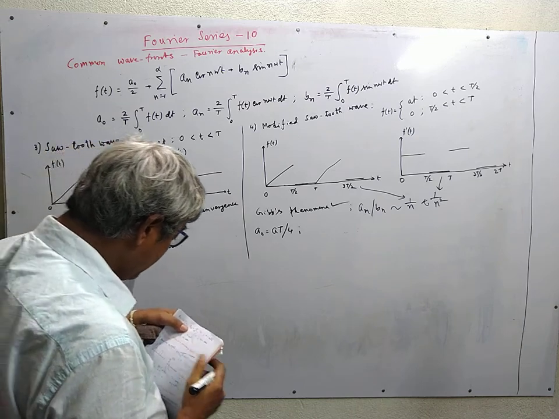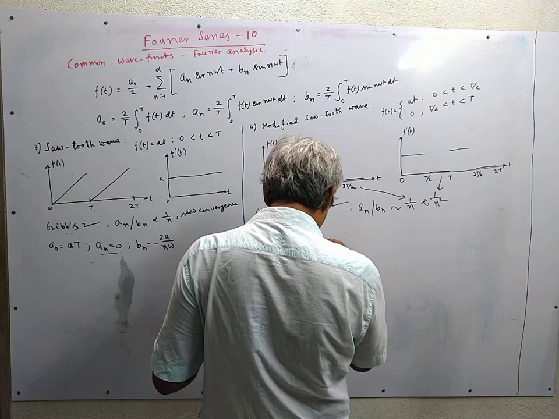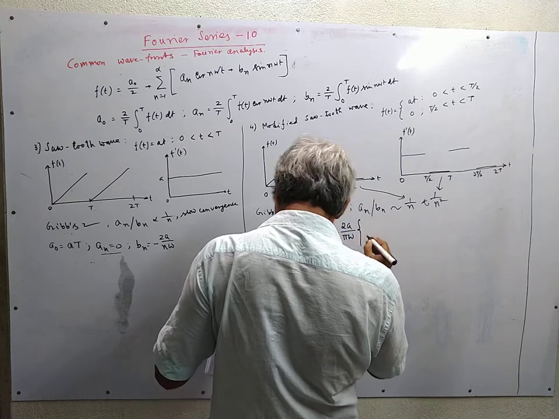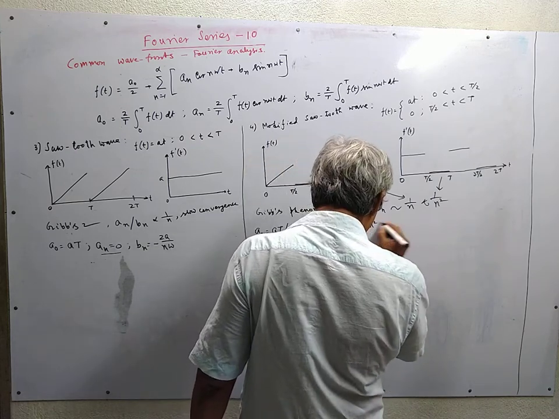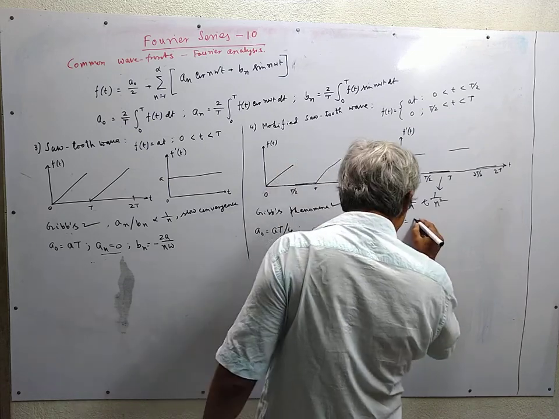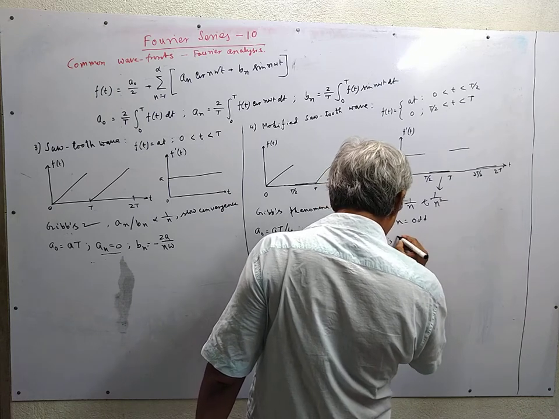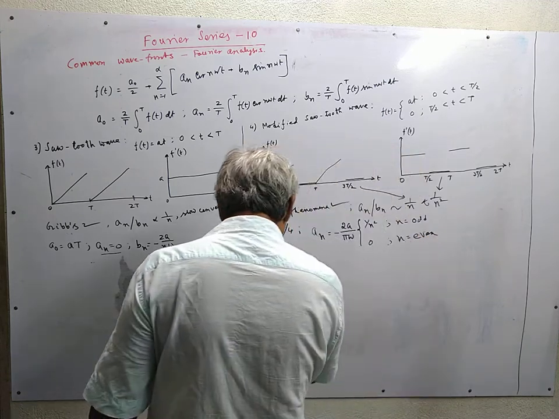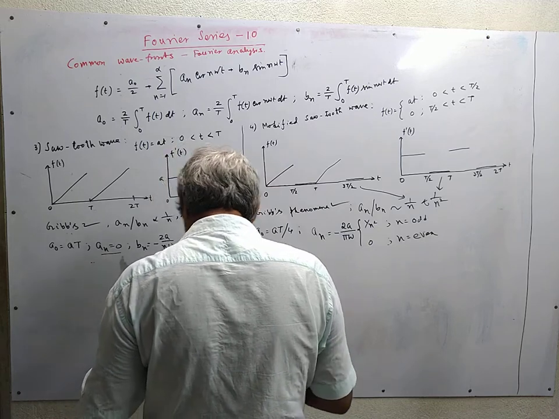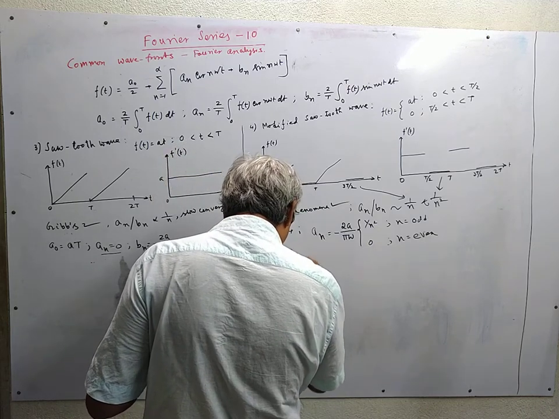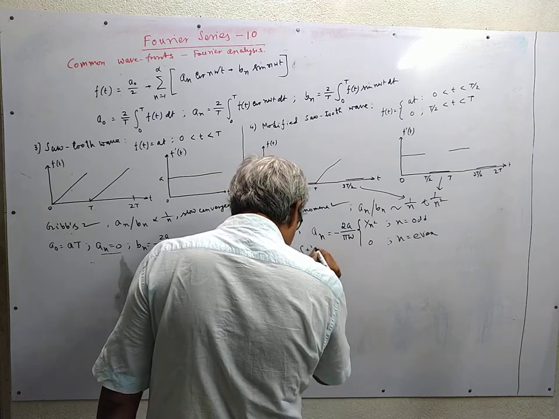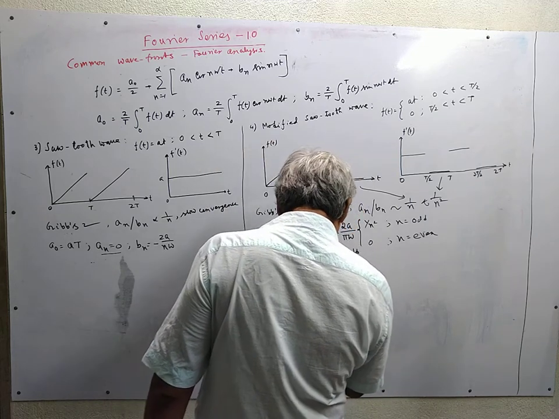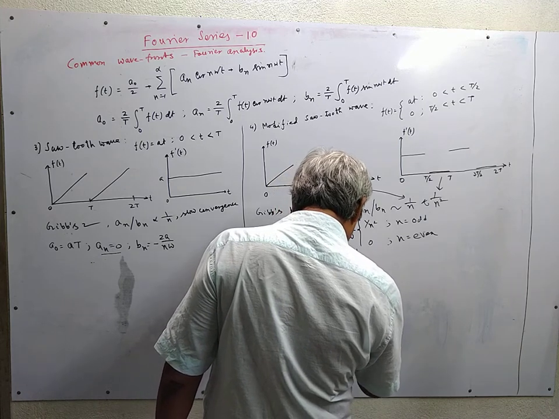Then an, for n even, and bn is A upon omega plus 1 by n for n odd, and minus 1 by n for n even.